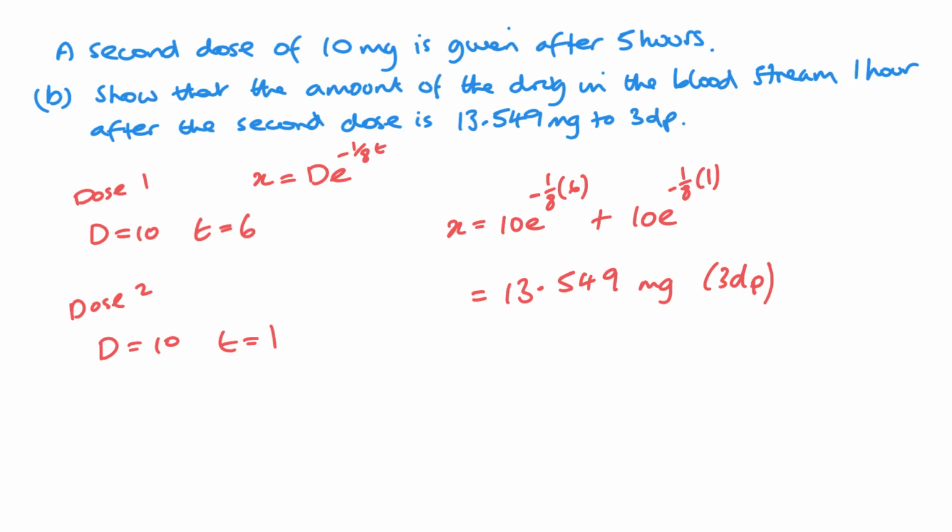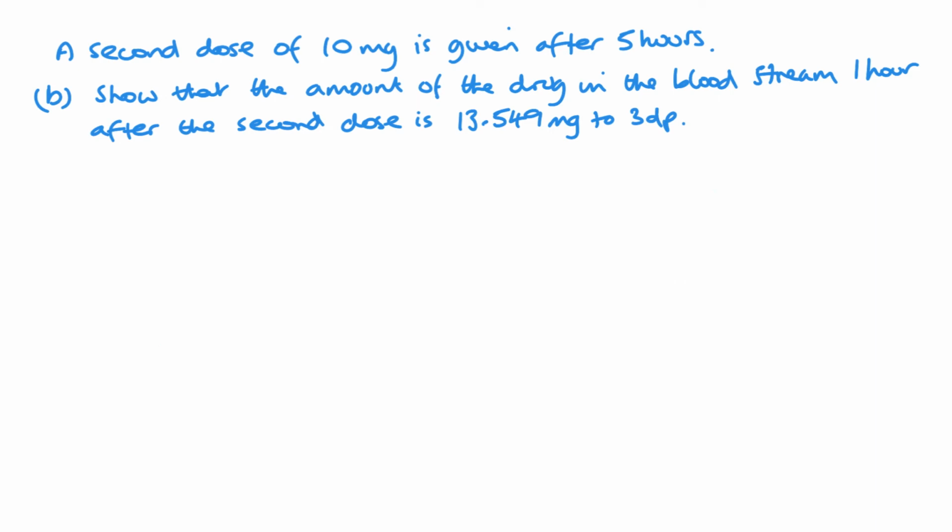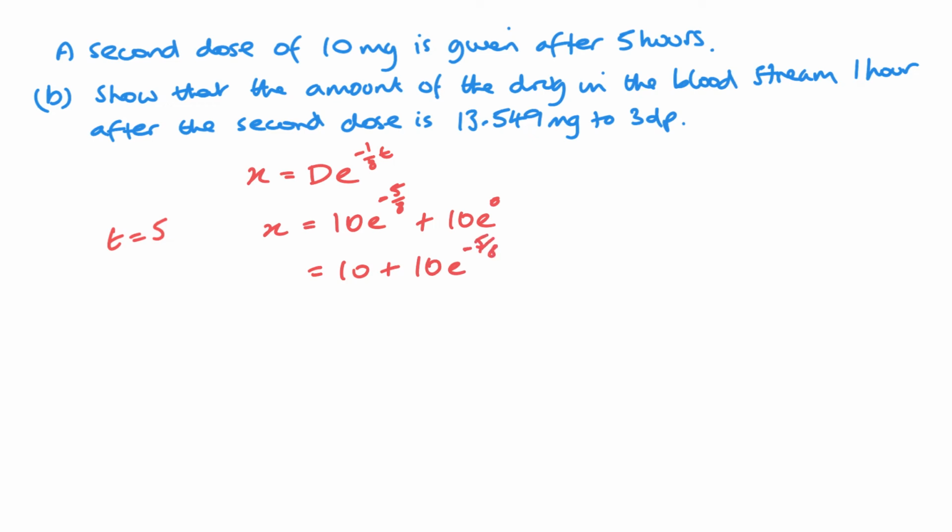On to part C. Now, an alternative way of approaching this part of the question was again to look at what was happening at t = 5 hours. So at t = 5 hours, I'd have 10e^(-5/8) + 10e^0, which is just 10 + 10e^(-5/8).